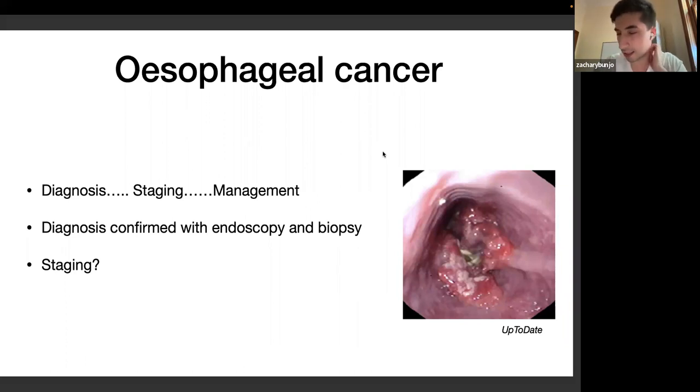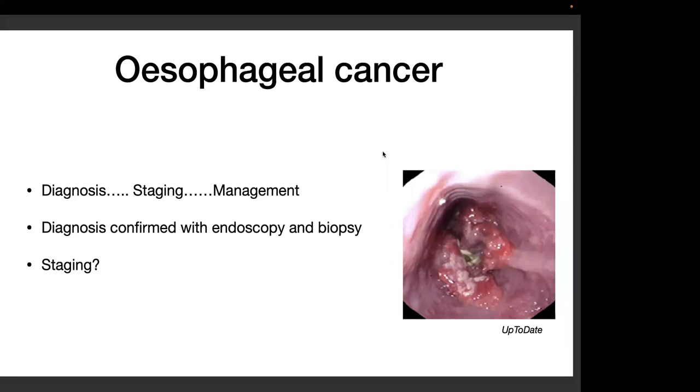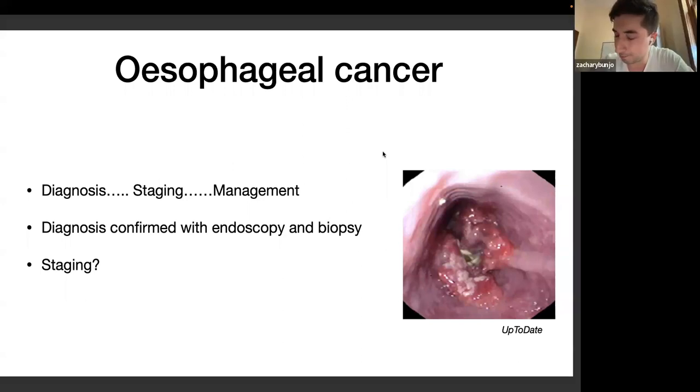Can you guys think of any other investigations that you might do from a staging point of view? Do you do an explorative laparoscopy or something? Yeah, that's another area that's a bit more controversial. Some centres will do a staging laparoscopy, and that's basically to look at any peritoneal disease, sometimes to do washings for more distal esophageal and predominantly gastric cancers.